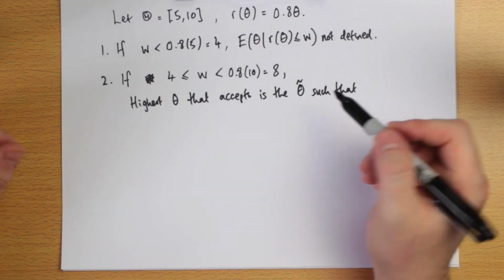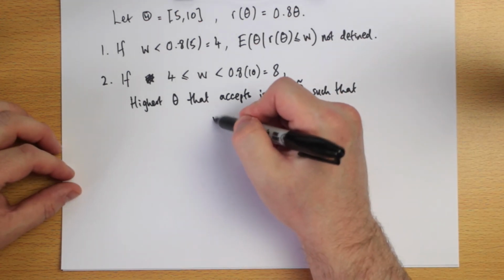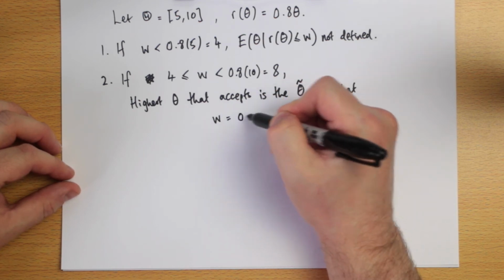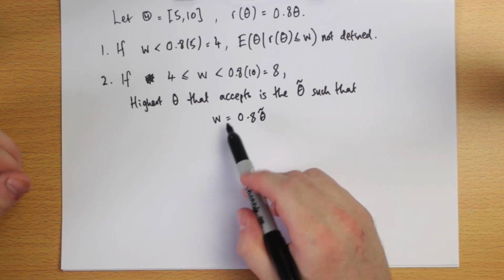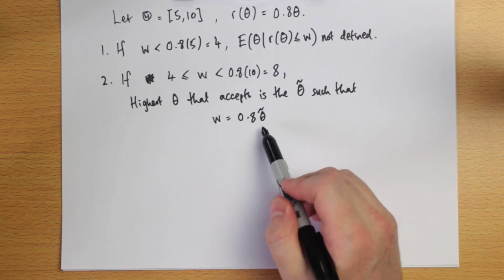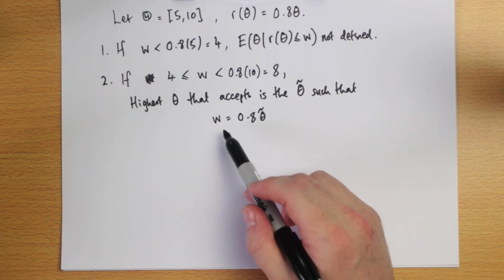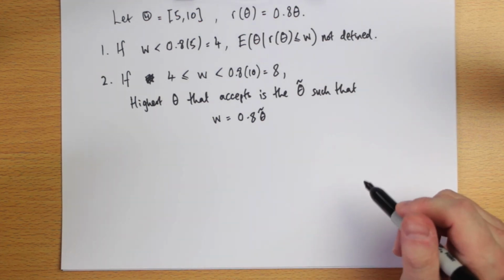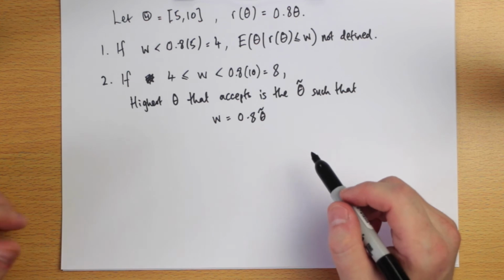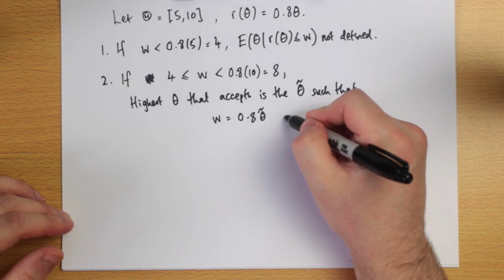What happens? It's when they're precisely indifferent. So the wage is exactly equal to 0.8 times theta tilde. If theta tilde is any higher than this, the wage won't be high enough. So this is the most productive type that will come to work.